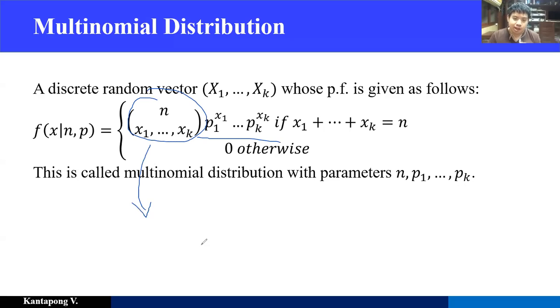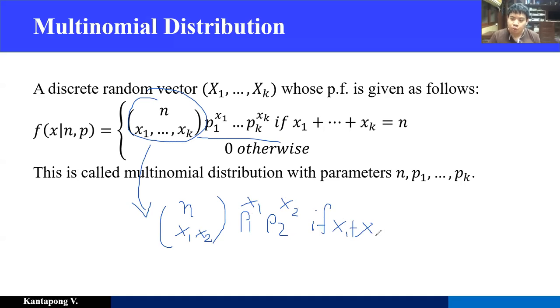Because if you have two outcomes, n, x1, x2, p1^x1, p2^x2, with x1 plus x2 equal to n, if you substitute this, it is binomial. But for the multinomial, we have many outcomes, and you can deal with that.